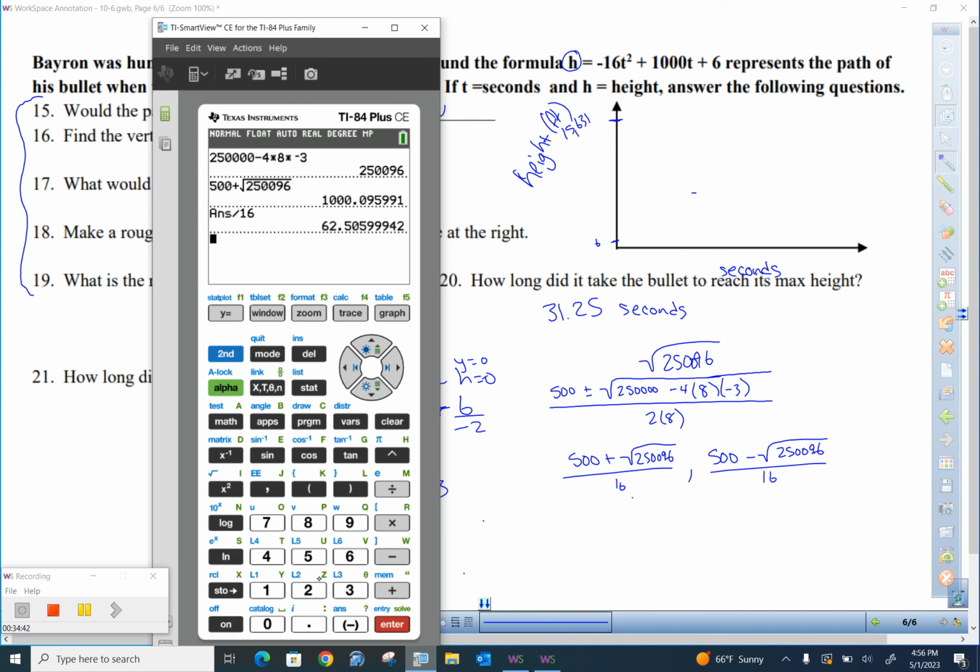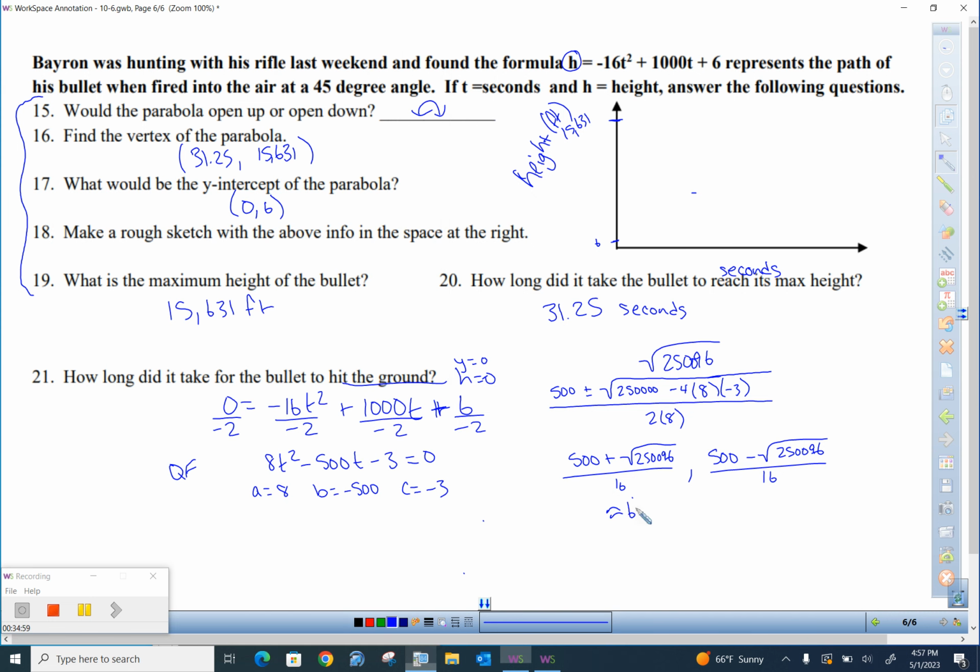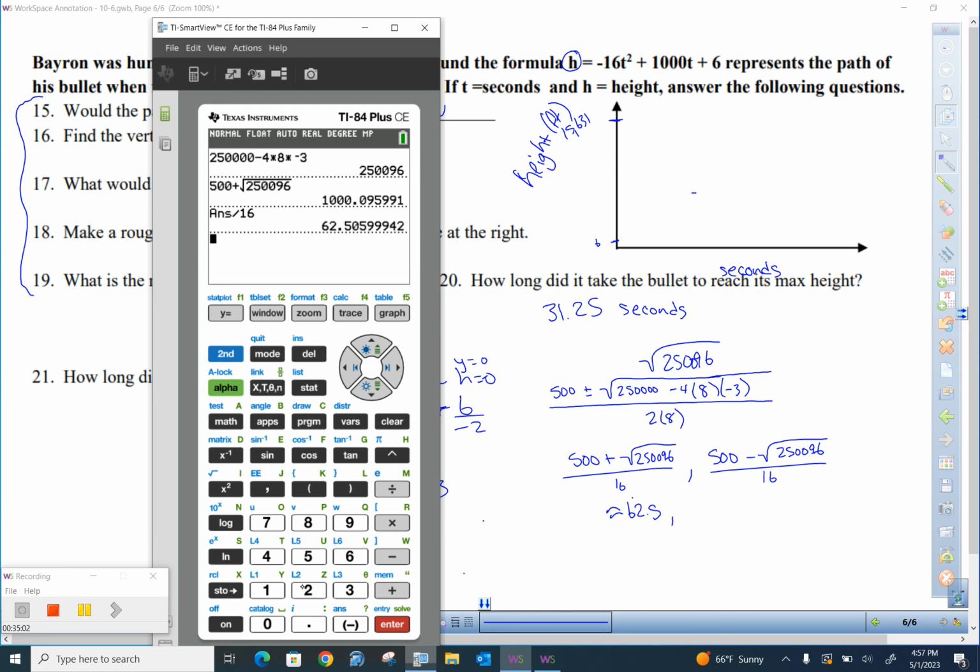Take care of order of operations. So about 62.5 for the first one. Second one, same way. 500 minus. Hit enter, then divide by 16.